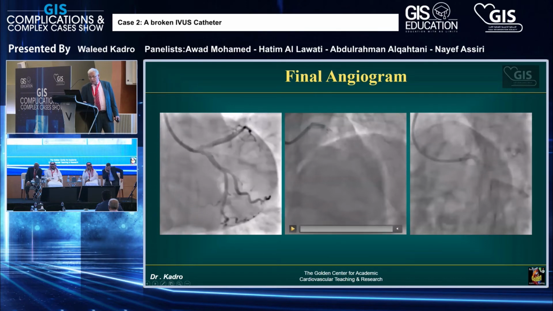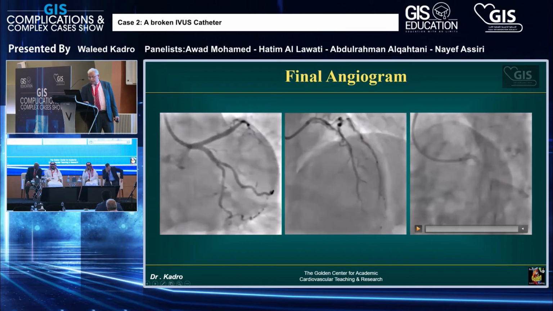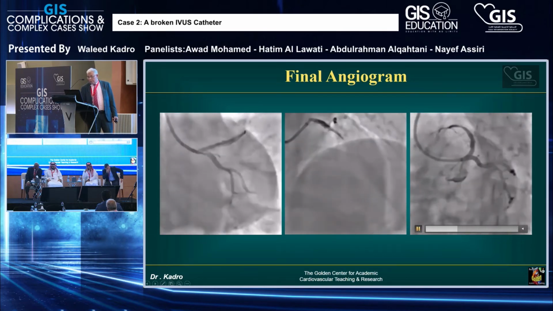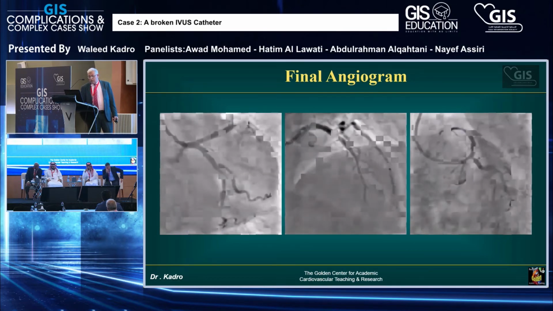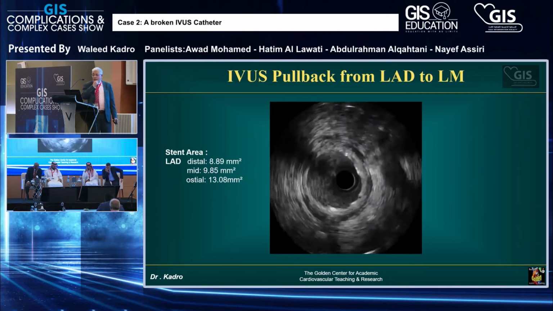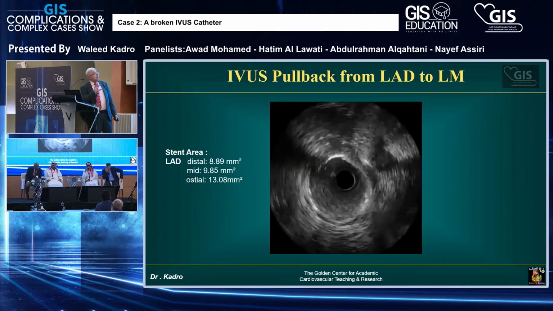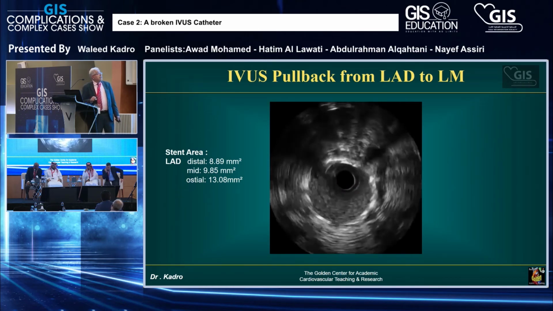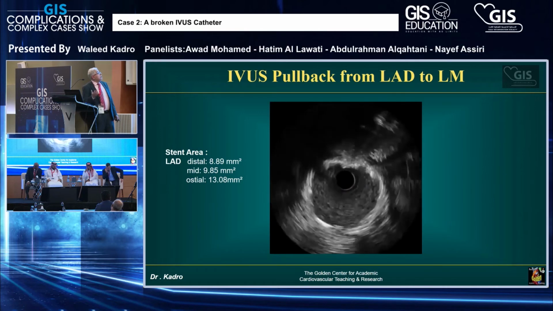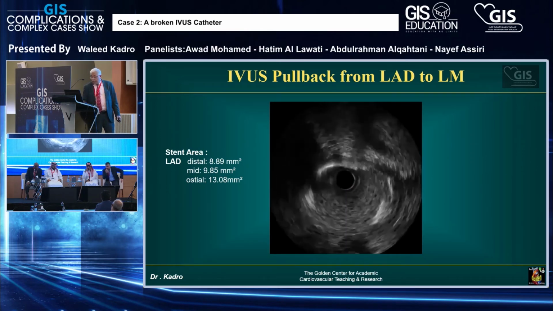This is in the caudal view, this is in the epicranial view, and this is the spider view. After that, we did the full IVUS pullback from the LAD to the left main, and you see here that we get a well-opposed stent in the LAD, with a very good area in the distal, mid and ostial.